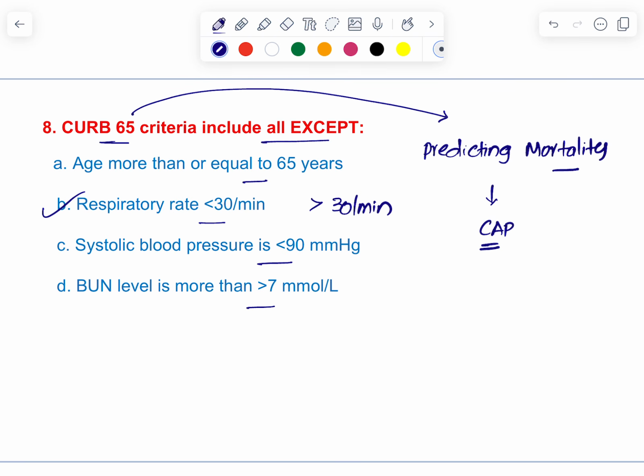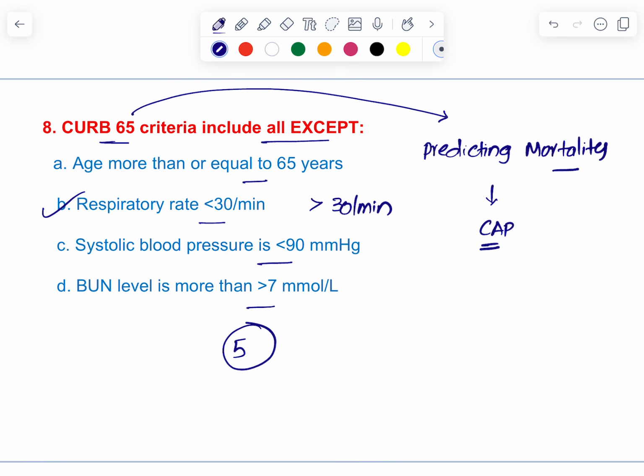What is the score you get? The maximum score in CURB-65 is 5. Confusion, if present, 1. Urea levels more than 7 millimoles per liter, 1. Respiratory rate more than 30 per minute, 1. Systolic blood pressure less than 90 millimeters of mercury, give a score of 1. And age more than 65 years, give a score of 1.